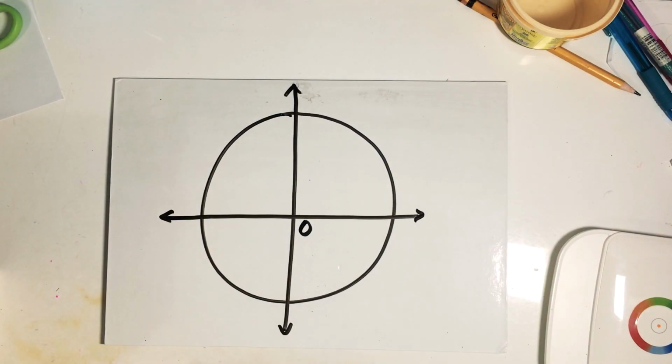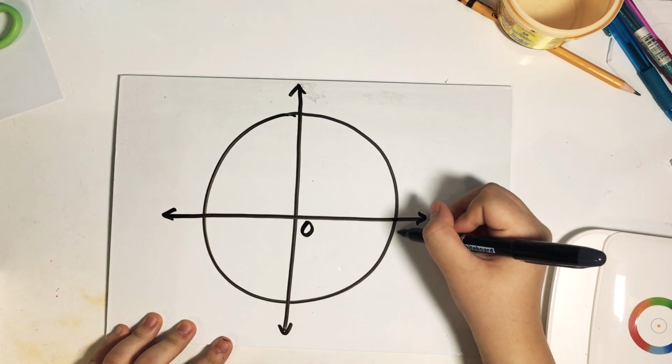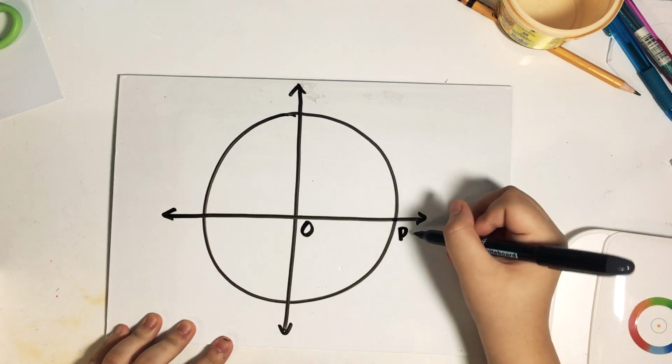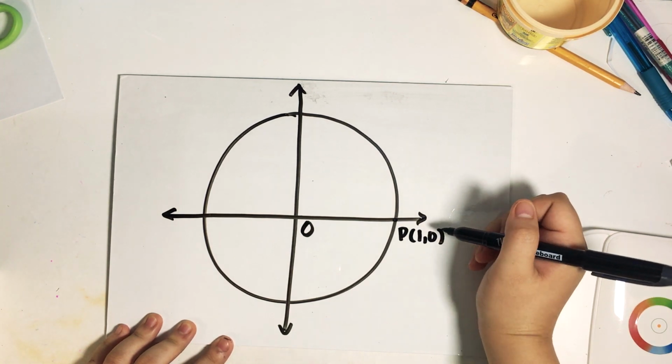So we have a circle with the origin at O, and this will be the point P, having the value of (1, 0).